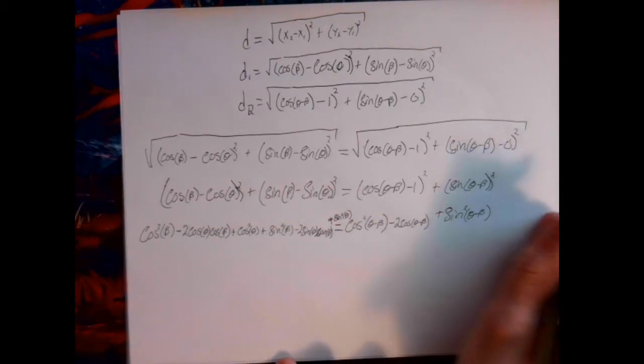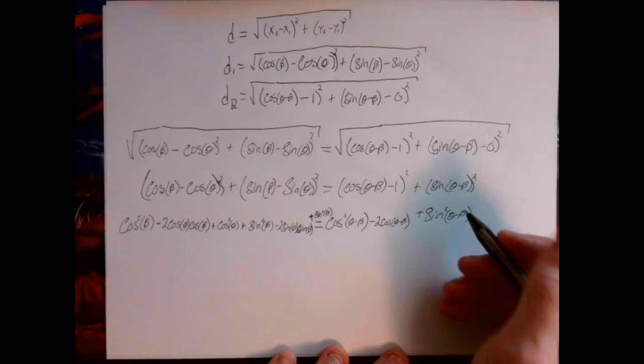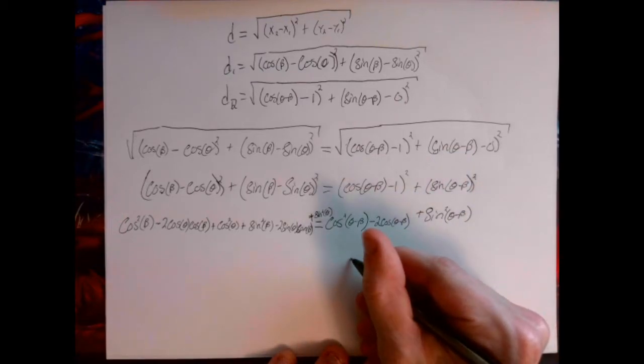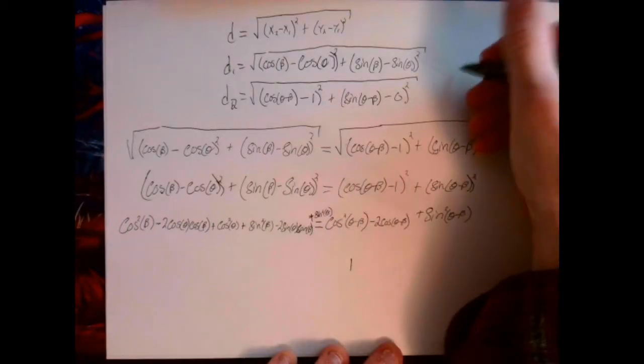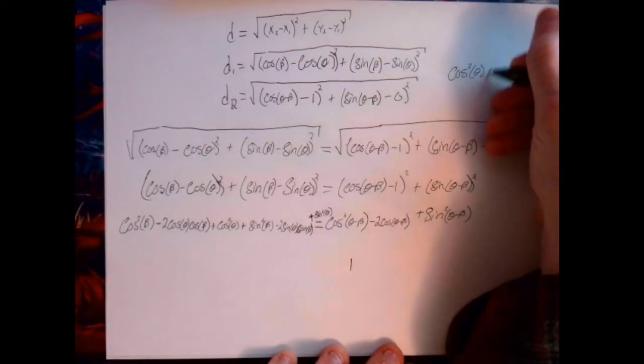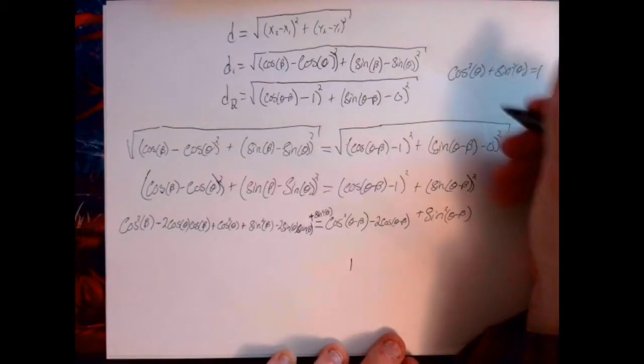So then from here, we know that these cancel out to be 1, because of our Pythagorean identity, remember, which is cosine of theta squared plus sine of theta squared equals 1.